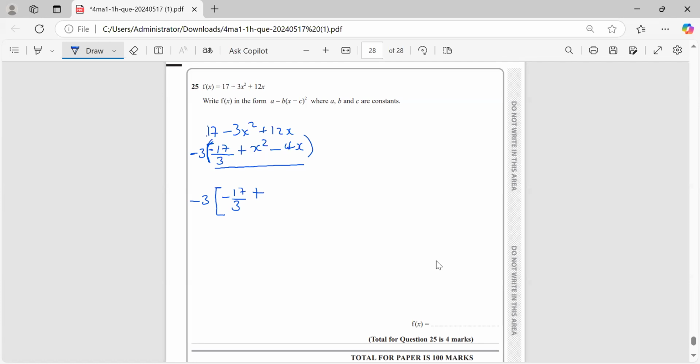You always have to divide the coefficient of x by 2 when you're completing the square. So you now have x minus 2, you square it, then you subtract the square of the number inside the bracket, which is minus 2 here.